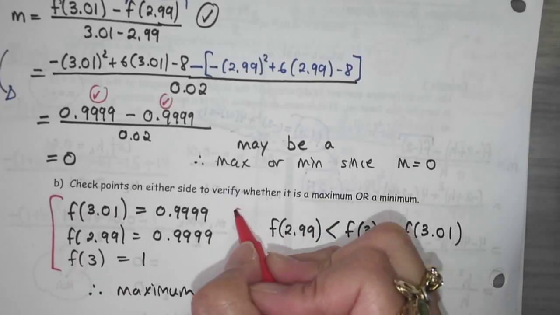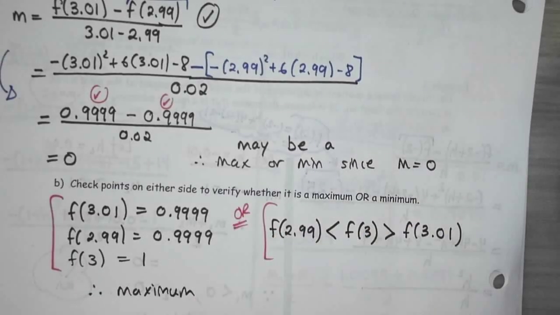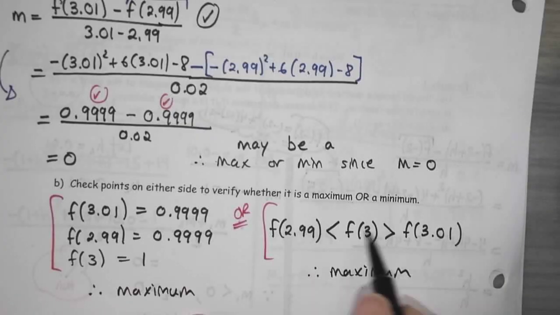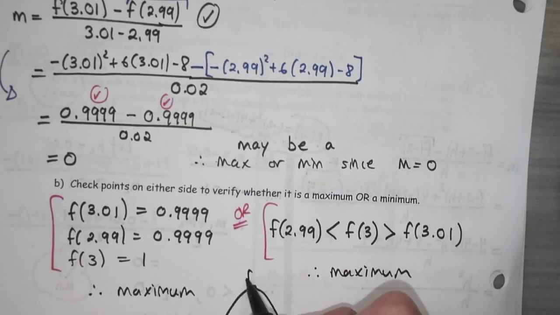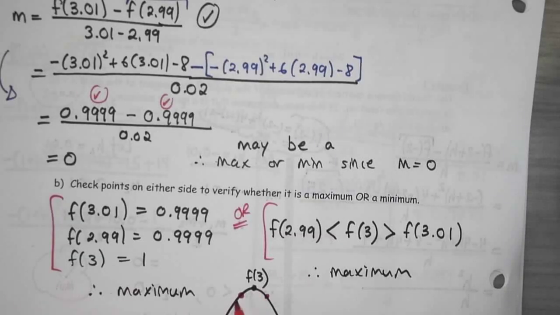Or you could write it this way and say therefore maximum. You're saying this is higher than those 2 points. This is F at 3, and these 2 points are below it. At 2, this is at 1, and these 2 are below it, 0.99 on either side.